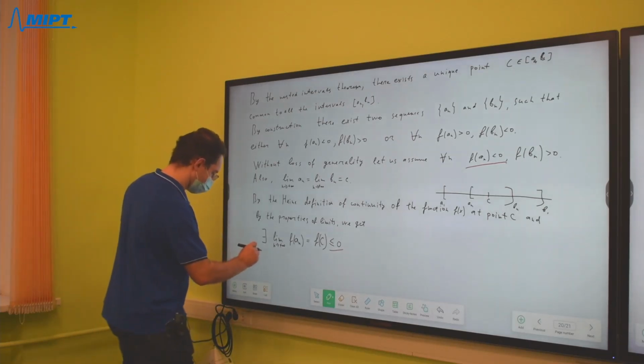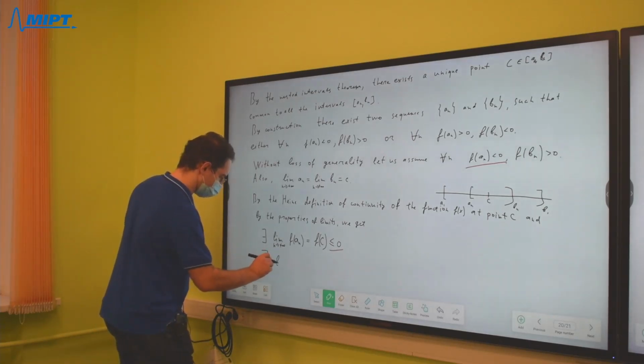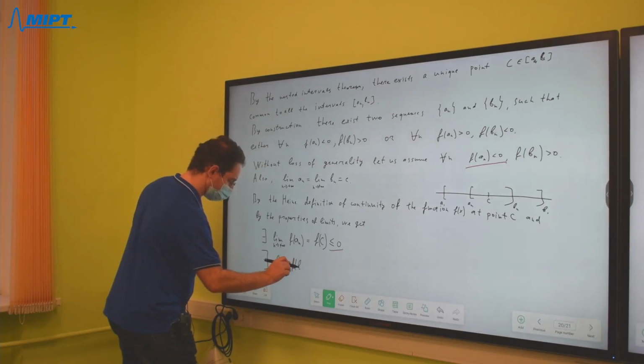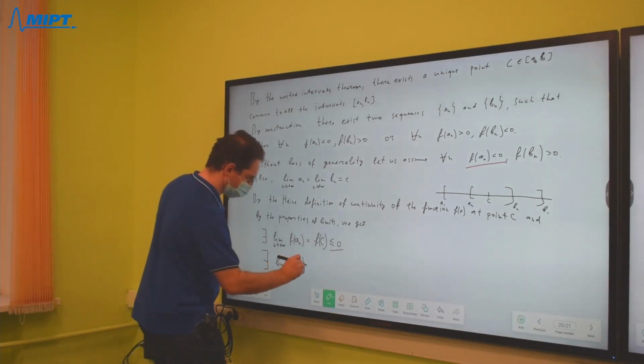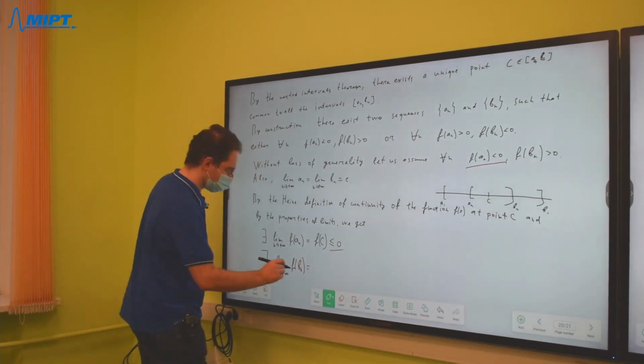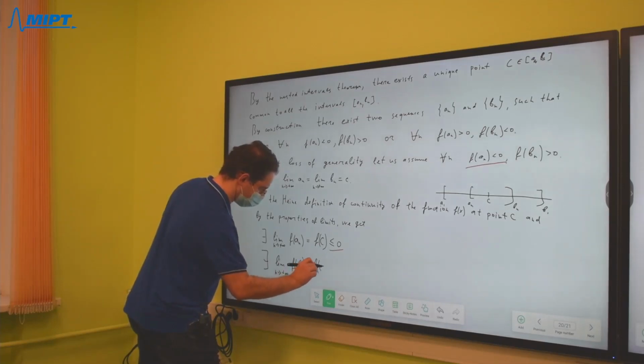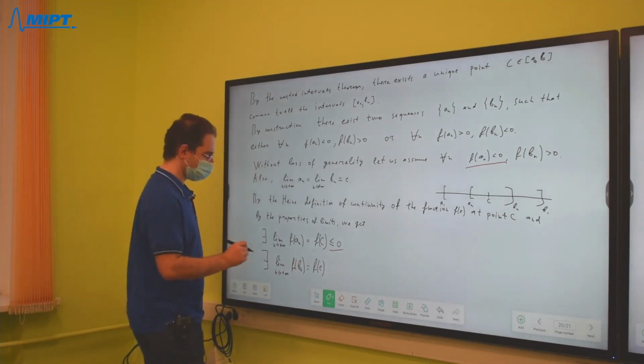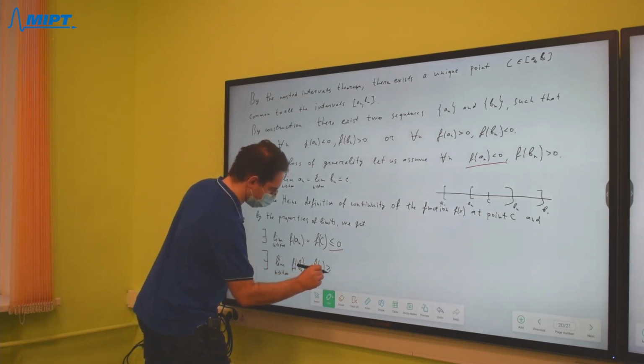And similarly, we have the limit as n tends to infinity of f of bn. It should be f of c, and similarly this should be greater or equal than 0.